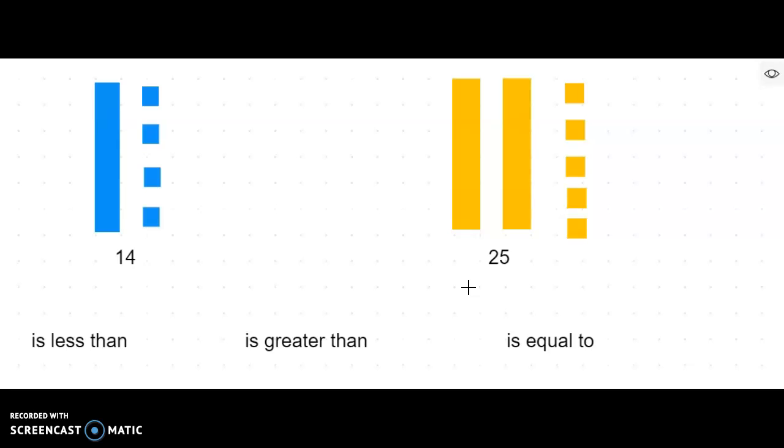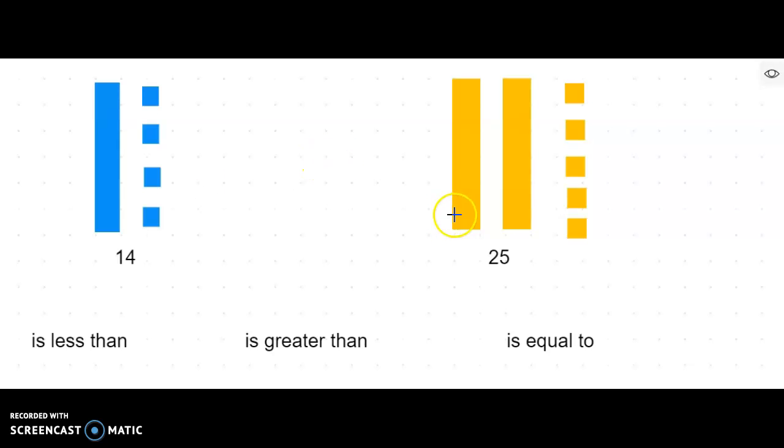Well, let me double check that. Let's see. Wow. I can see that 25 has 1, 2, 3, 4, 5 ones, while 14 has 1, 2, 3, 4 ones, and 4 is less than 5.